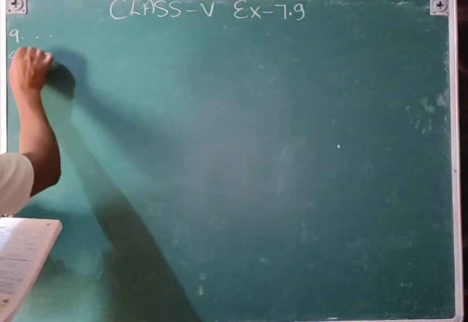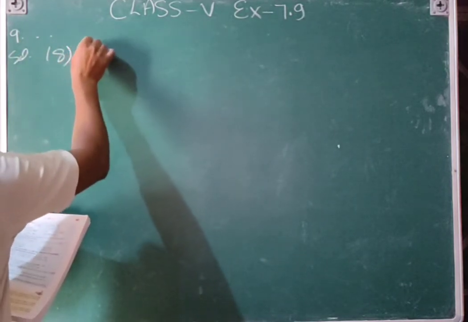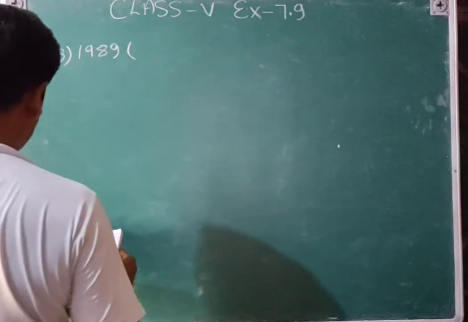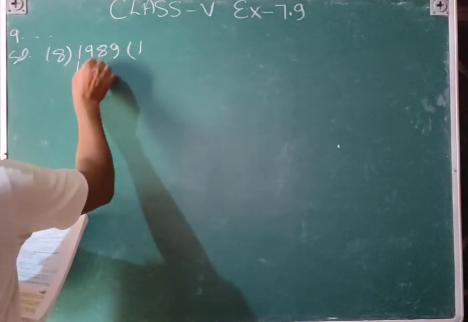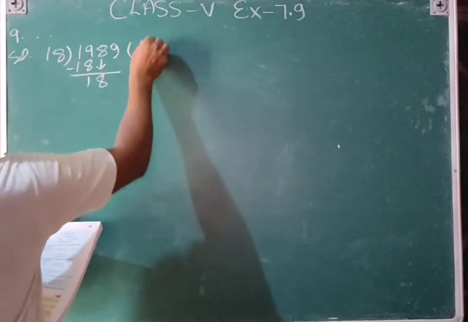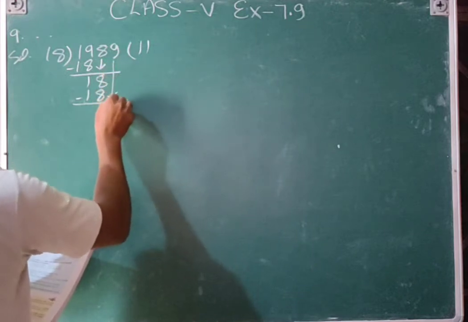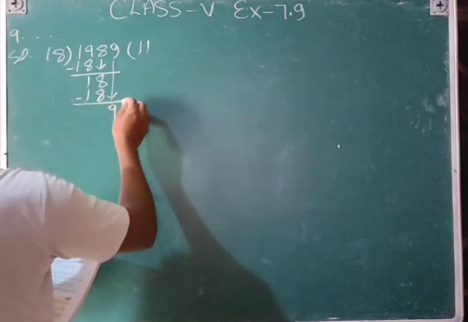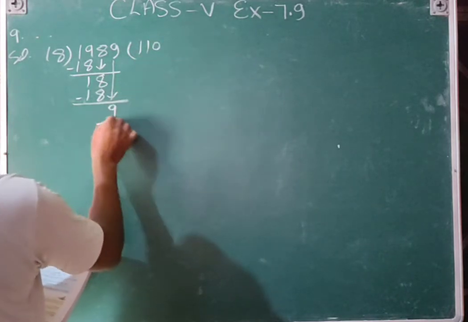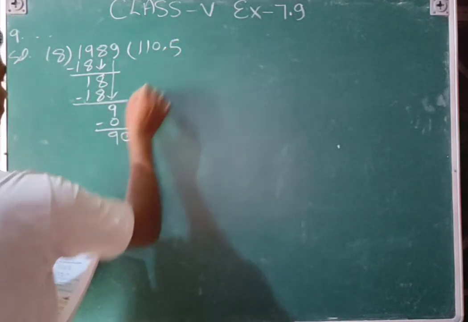So obviously here also we will divide, because we are finding the price of 1 kg. So 18 divides 1989. 18 ones are 18, 1 is left, next digit 8, 18 ones are 18, 0 is left, next digit is 9. 18 zeros are 0, 9 by decimal, that is 90, 18 fives are 90.